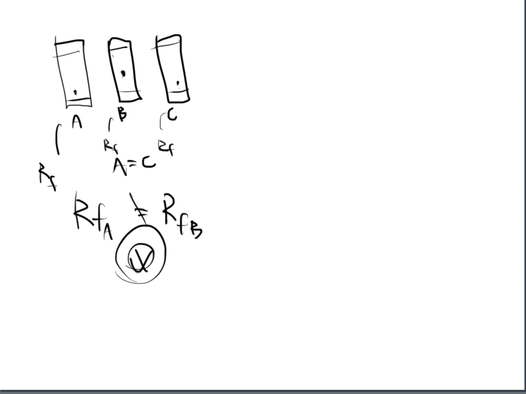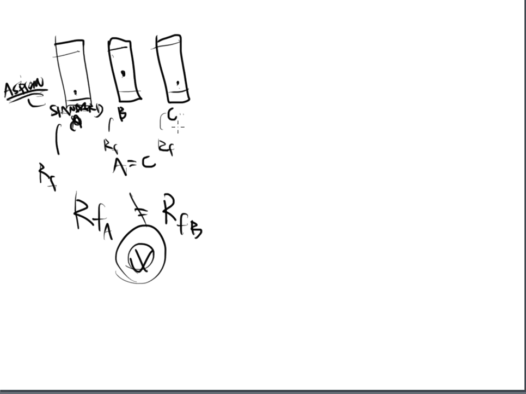Okay? So let's say that this is not a sample really, but let's say that this is a standard. And I know what that standard is. And let's say that this standard maybe is aspirin. And I put aspirin onto this plate and I develop it. And let's say that I'm given a sample in the laboratory, maybe 2 different ones. I get B and I get C, and I run them. Well, I know that B is not aspirin because that retention factor or retardation factor is not the same as what my standard was.